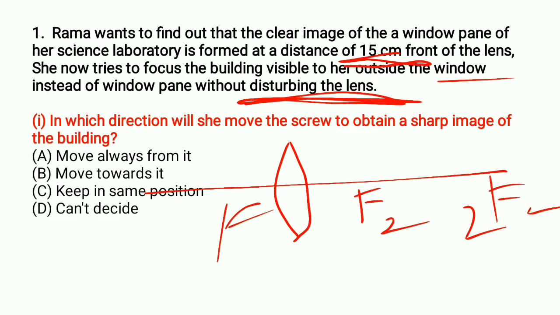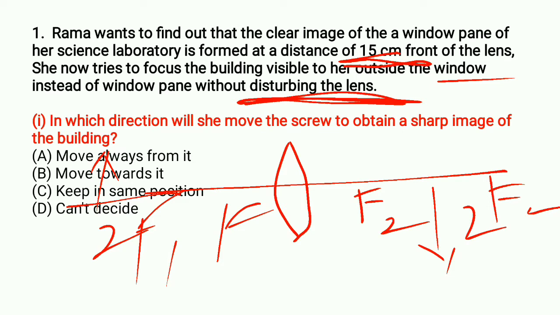Here is F and here is 2F1. So if I keep the object beyond 2F1, the first center of curvature, the image is going to form between F2 and 2F2. So depending on the position of the object, the image formation takes place.